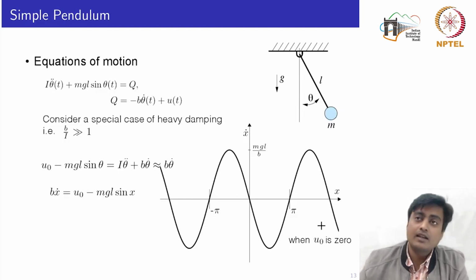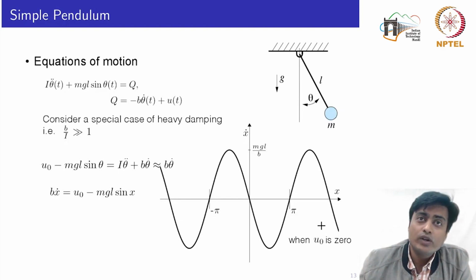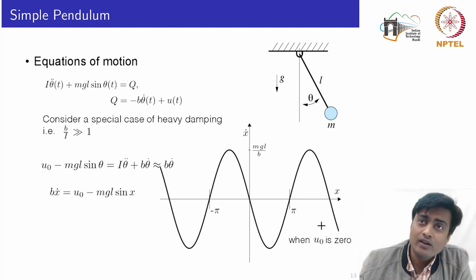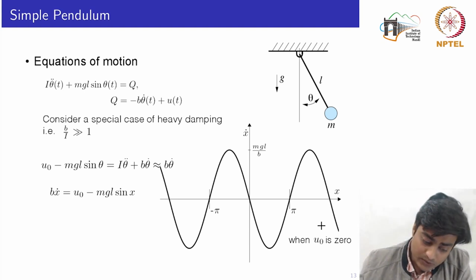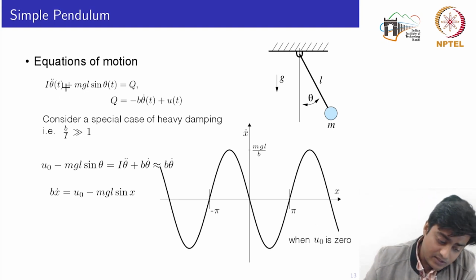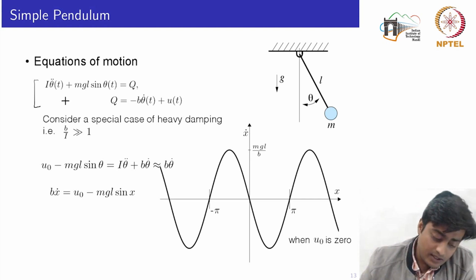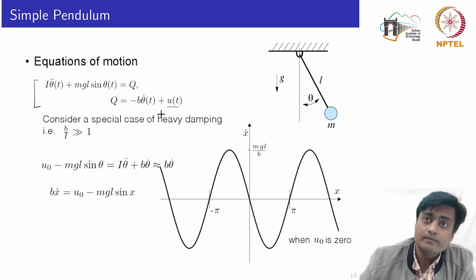So let's consider one basic example before moving to the definitions of stability. This is a simple pendulum, what you have been seeing in your wall clocks particularly. These two equations define the basic equations of motion of a simple pendulum, where the torque balances out, and Q is the damping torque influenced by the external force U of t.